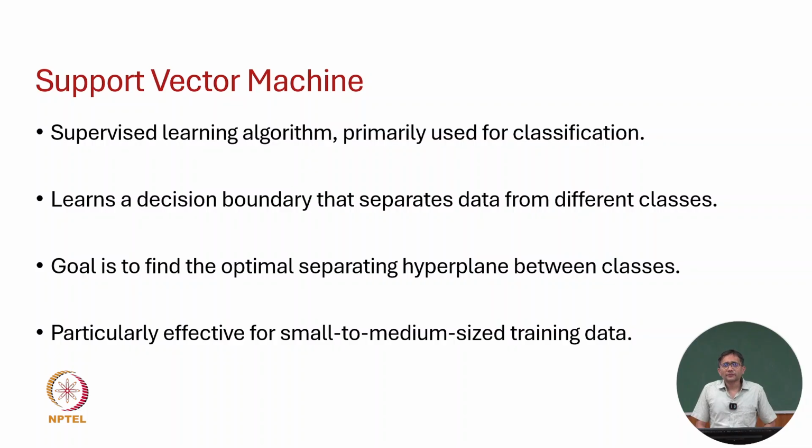It's particularly effective for small to medium sized training data. This is one very important aspect, because with the emergence of ImageNet and all, there are other reasons as well, but the dataset size is one of the reasons for the transition from support vector machine to the CNNs.